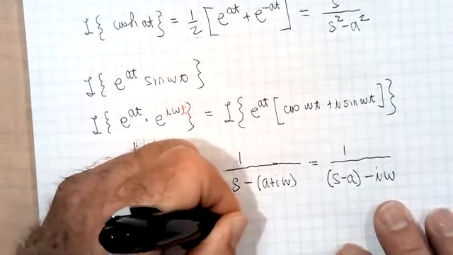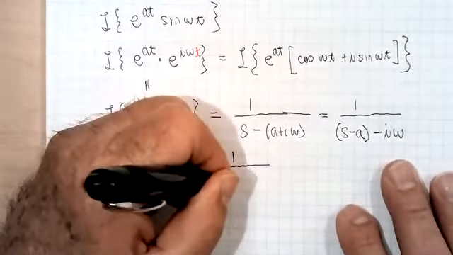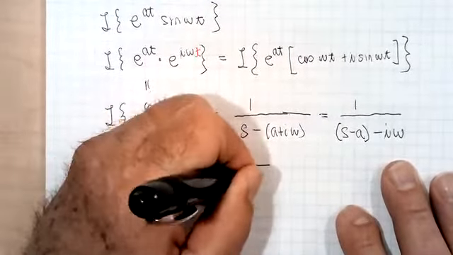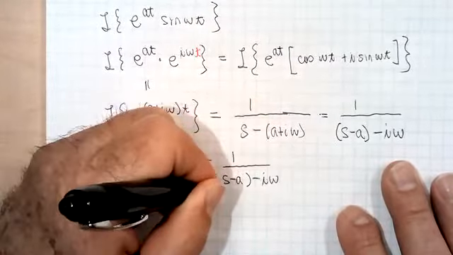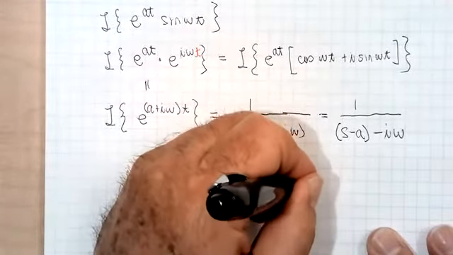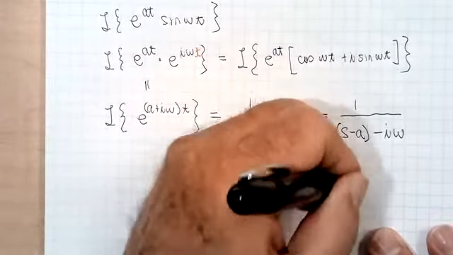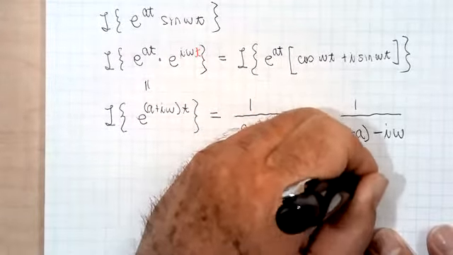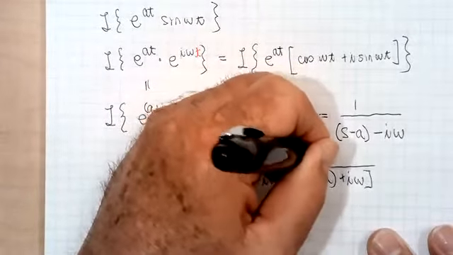So of course, what we'll do is multiply by the conjugate of the denominator. So I got that thing. And I'm going to multiply on the bottom by its conjugate, s minus a plus I omega. And exactly the same thing in the numerator.